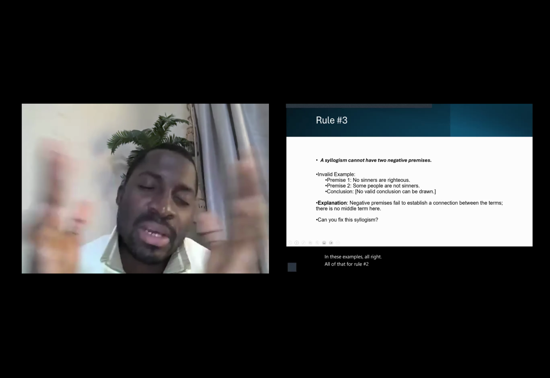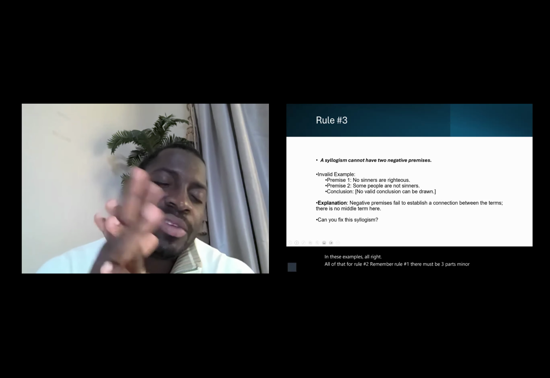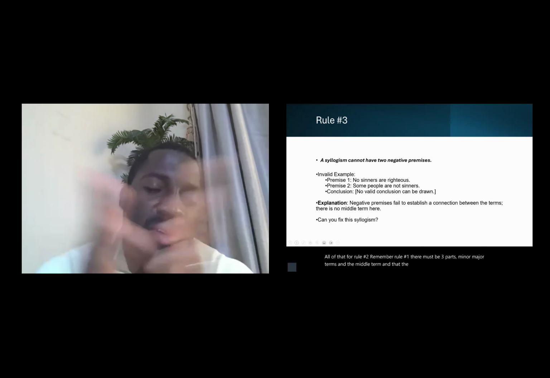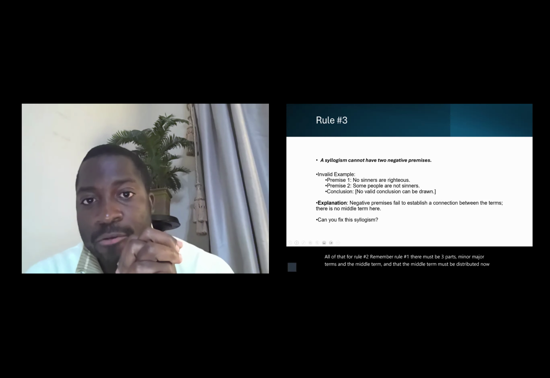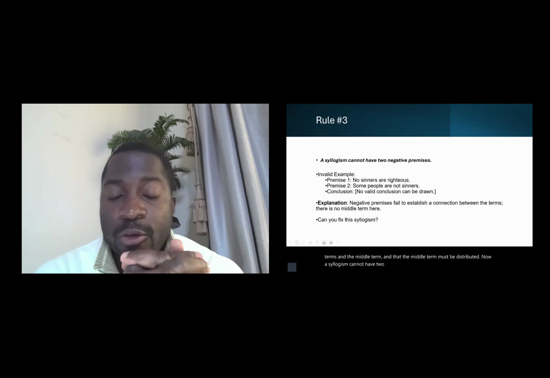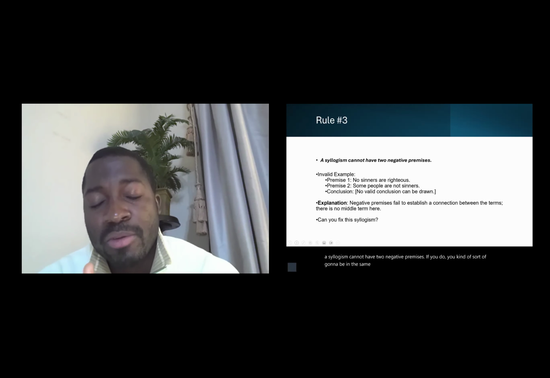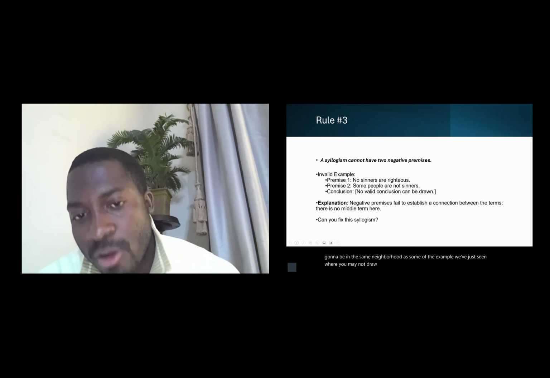Remember, rule number one, there must be three parts: minor, major terms, and the middle term. And that the middle term must be distributed. Now, a syllogism cannot have two negative premises. If you do, you're going to be in the same neighborhood as some of the examples we've just seen, where you may not draw any valid conclusion.